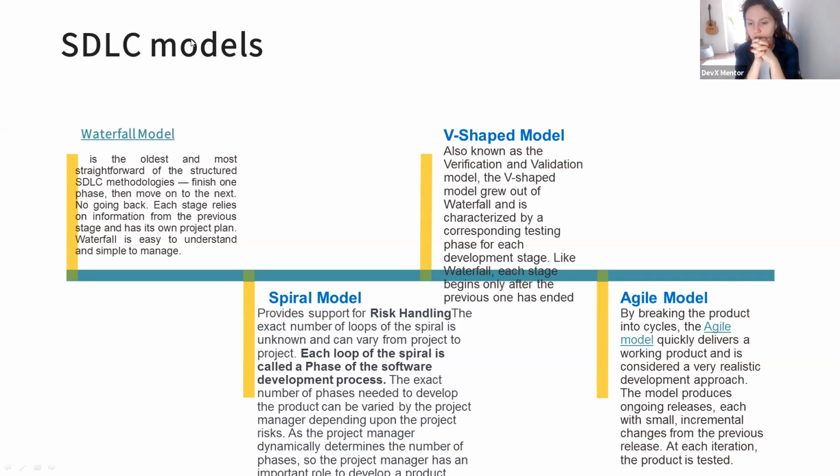The spiral model provides support for risk handling. The exact number of loops of the spiral is unknown, and can vary from project to project. Each loop of the spiral is called a phase of the software development process.